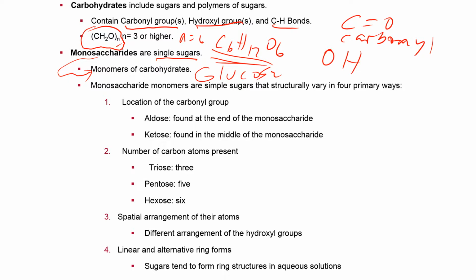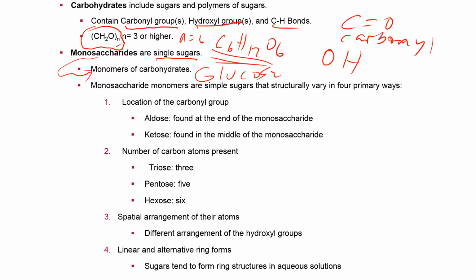One way is the location of a carbonyl group. We talked about aldoses and ketoses in the last chapter. In an organic molecule, you can have a variety of carbon atoms that vary in length and number.